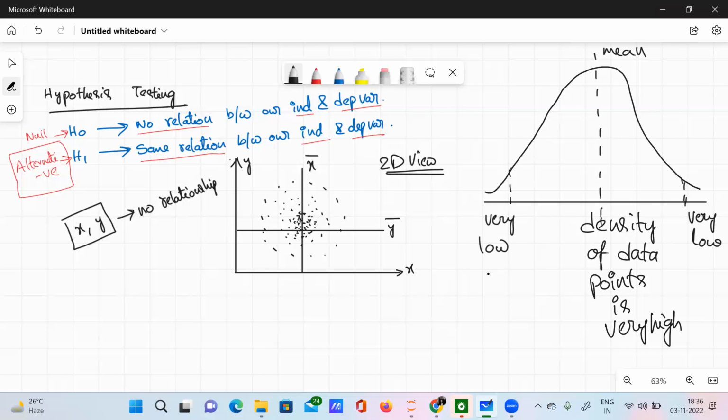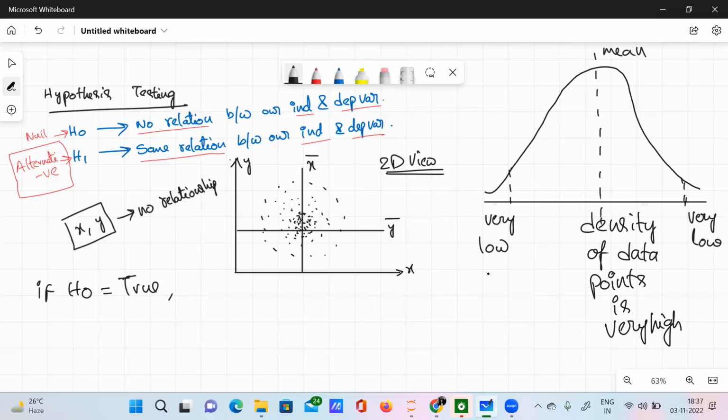So here the thing is, let's assume that H naught is equal to true, that is, my null hypothesis is true. Then I want to know what is the probability of finding the coefficients in this particular sample which is drawn from the universe, right?